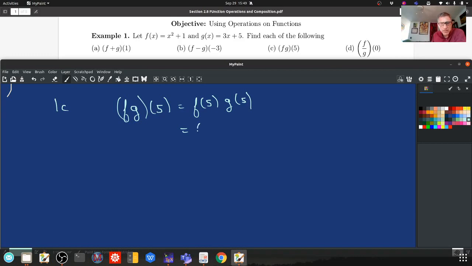So that's going to be 5 squared plus 1 times 3 times 5 plus 5. Well, 5 squared is 25 plus 1. That's 26. And 3 times 5 is 15 plus 5 is 20. And 26 times 20, once you do it, you will get the answer of 520.